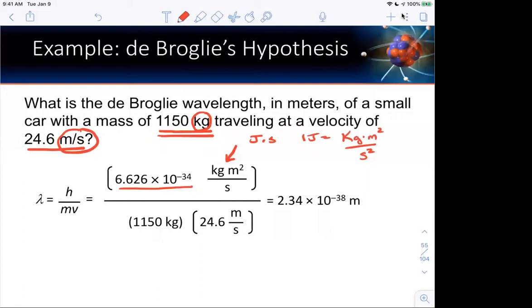Okay, so when I plug my values in, this is what I find the wavelength is. A car actually has a wavelength of 2.34 times 10 to the minus 38 meters. Now this is so small, it's negligible. And we don't actually think about wavelengths with traveling cars.